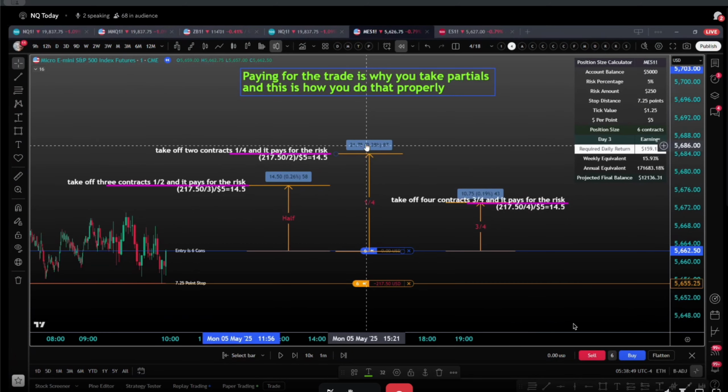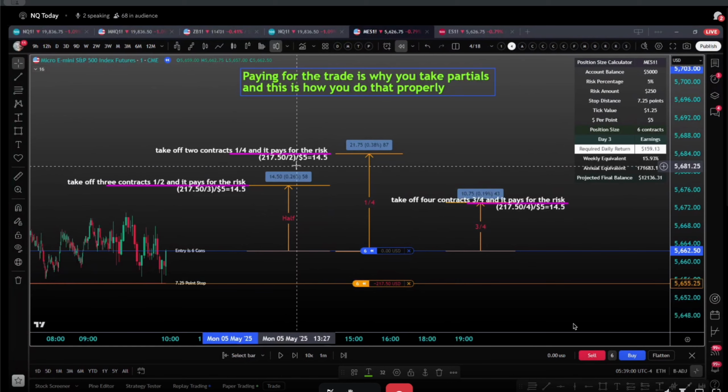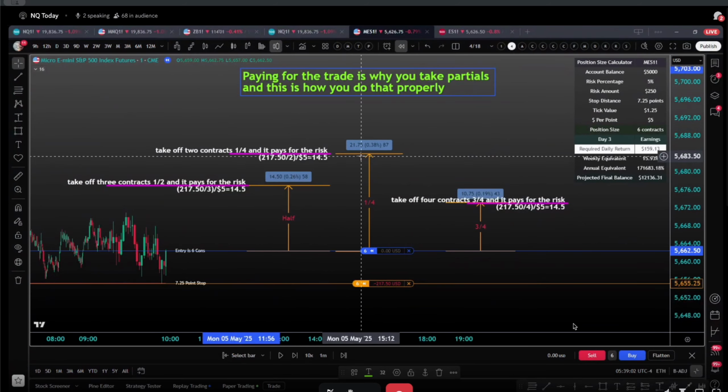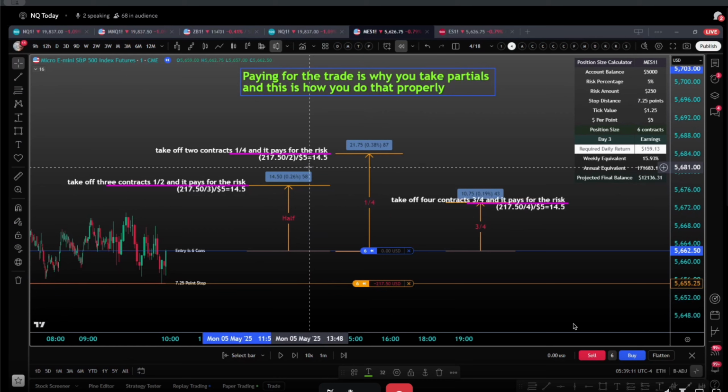If I want to take a 4th off, which is 2 of 6, it's like 1 point something, and we're going to round it up to 2. Then I know that my partial area is going to be right here, because 217 divided by 2, which is a 4th of the position, divided by 5, which is the tick value, or the dollar value, equals 14.5 handles.